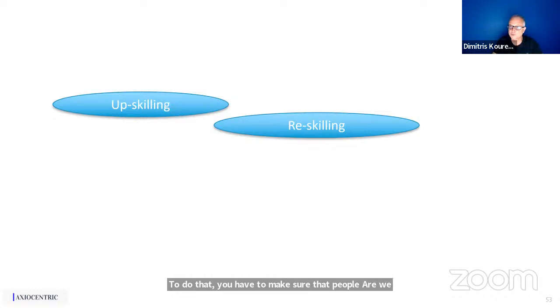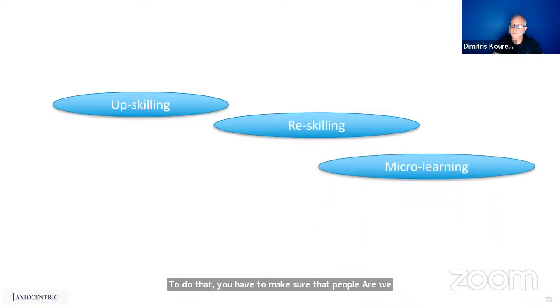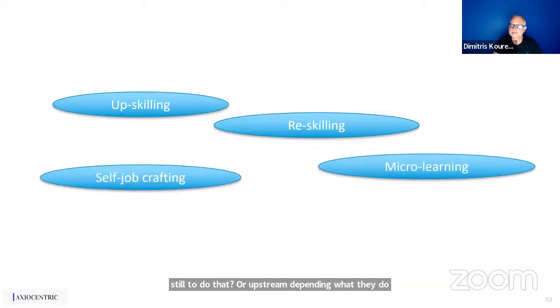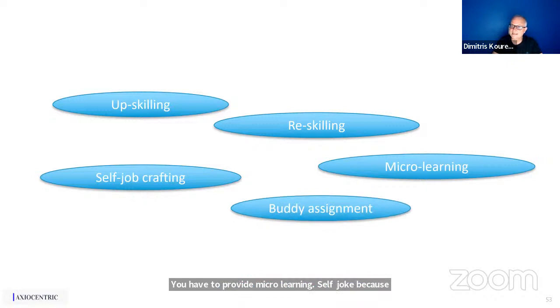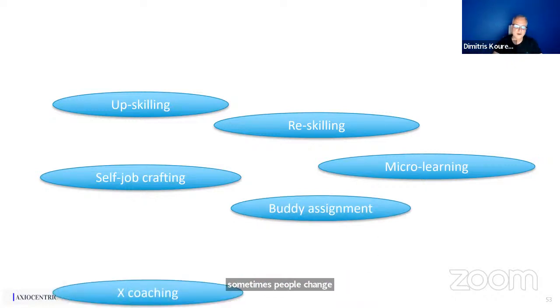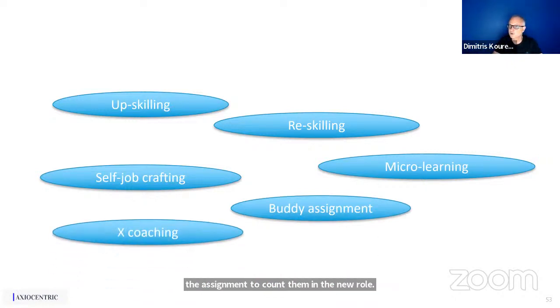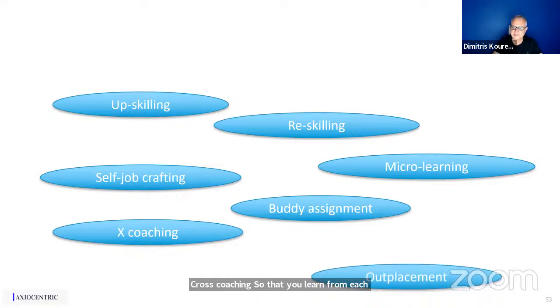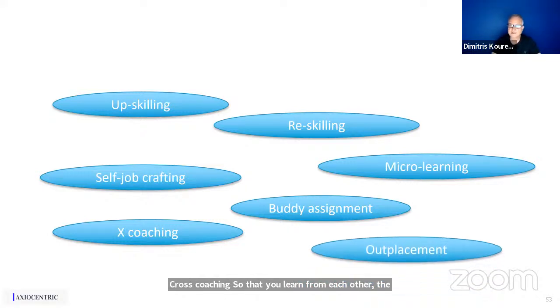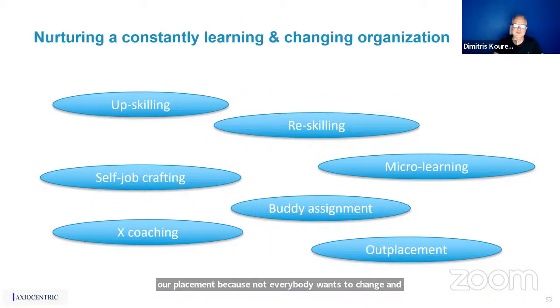To do that, you have to make sure that people are reskilled or upskilled, depending on what they do. You have to provide micro-learning, self-job crafting, because sometimes people change their roles completely, buddy assignment to help them in the new role, cross-coaching, so that you learn from each other, the different buddies or the different managers, sometimes outplacement, because not everybody wants to change and they would prefer to do the same job somewhere else, maybe in the future.